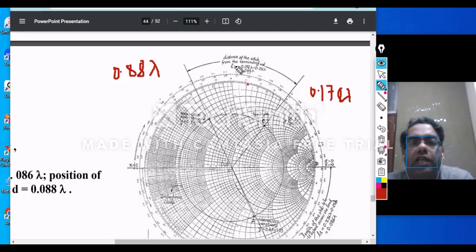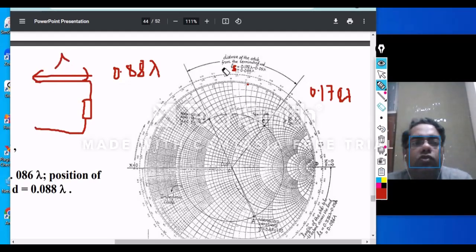This is Ls, actually, meaning from the load end, this is the distance that we have to move. So this is going to be my Ls, across which we have to connect the stub.